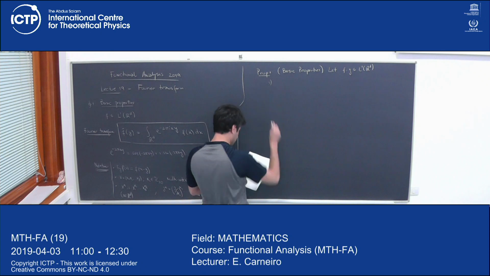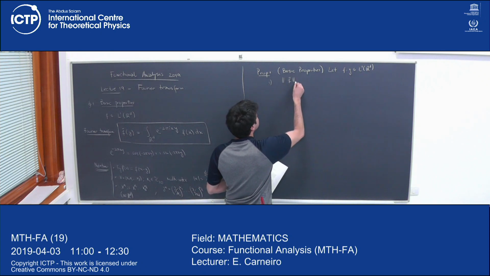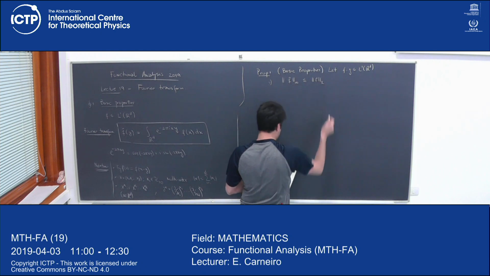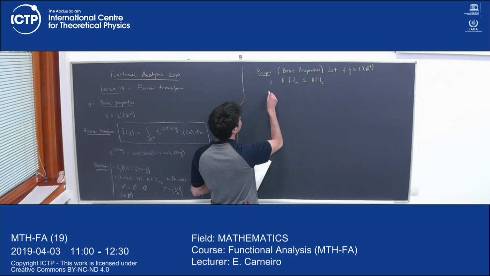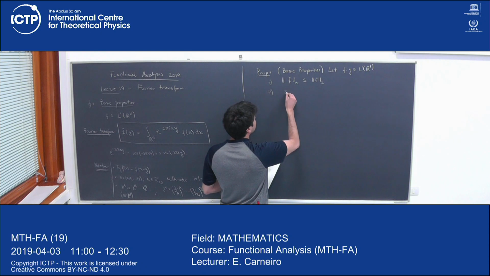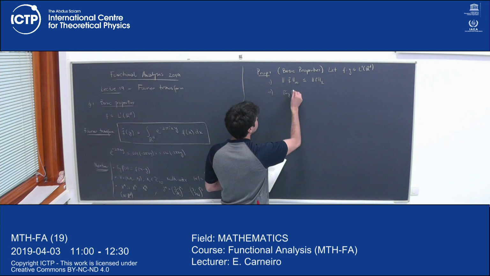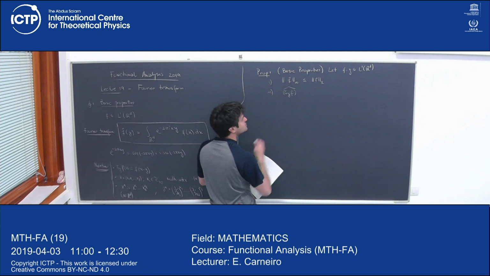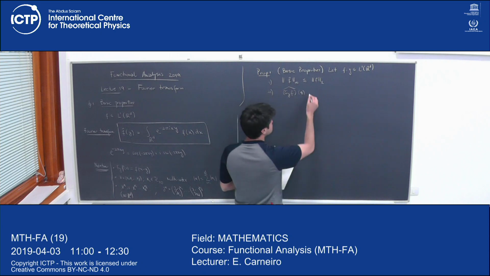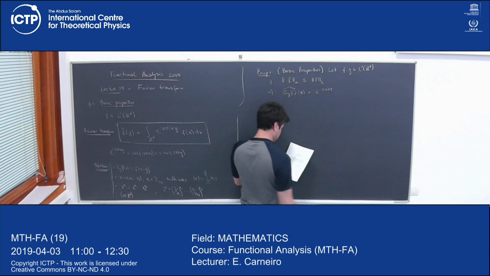Then, first one: the infinity norm of f hat is less than or equal to the L1 norm of f. 2. The Fourier transform of the translated function at the point ξ is just e to the minus 2 pi i x ξ times f hat.